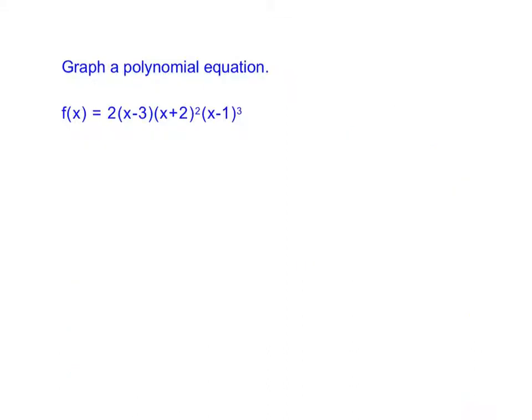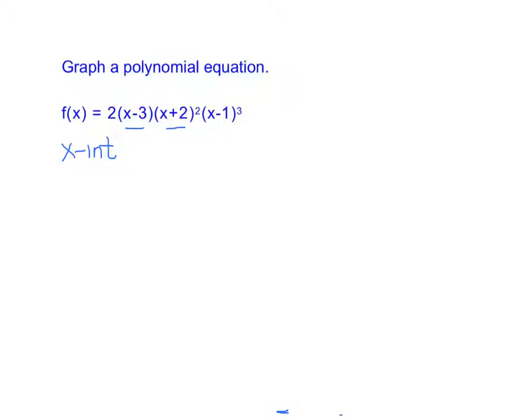Okay, so to graph a polynomial equation, we will recall that we need certain things. First of all, we need to know if there is an x-intercept. And for an x-intercept, you're going to look at the factors. Okay? And so I have this one, and this one.